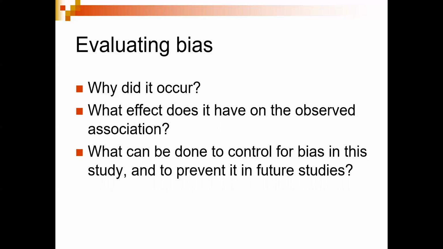So remember, as I said, bias can occur at any level of your study. It can occur from the start, when you are designing your study, up to the end, when you are collecting or analyzing your data. You can also have bias when you are publishing your results, when you choose what to publish or not to publish, and that is publication bias.